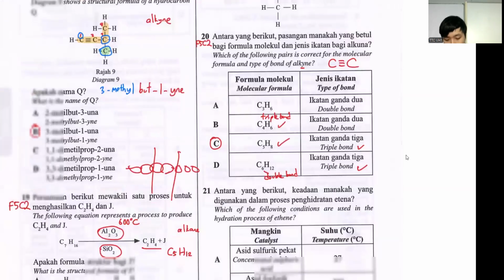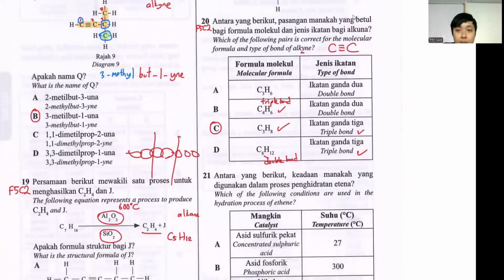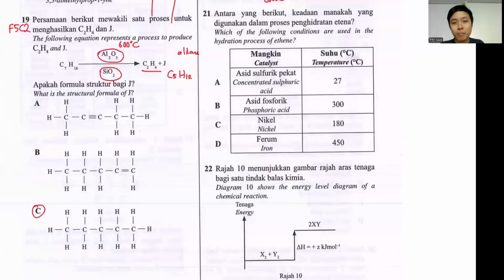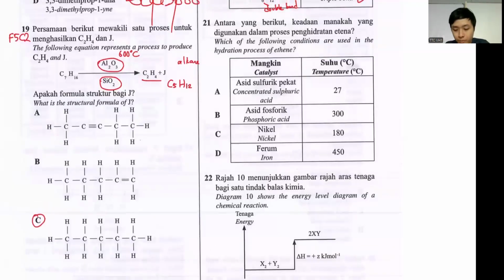Okay. Any question? Okay. So question one is also from form 5 chapter 2. Which of the following conditions are used in the hydration process of ethene?